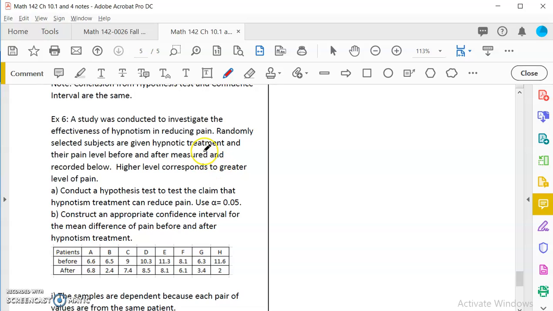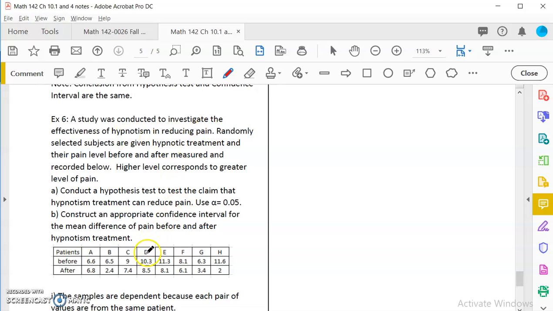Last one, which is very popular in hypothesis testing for testing if a particular treatment is useful. This last example is about a study conducted to investigate the effectiveness of hypnotism in reducing pain. They have a treatment introduced.